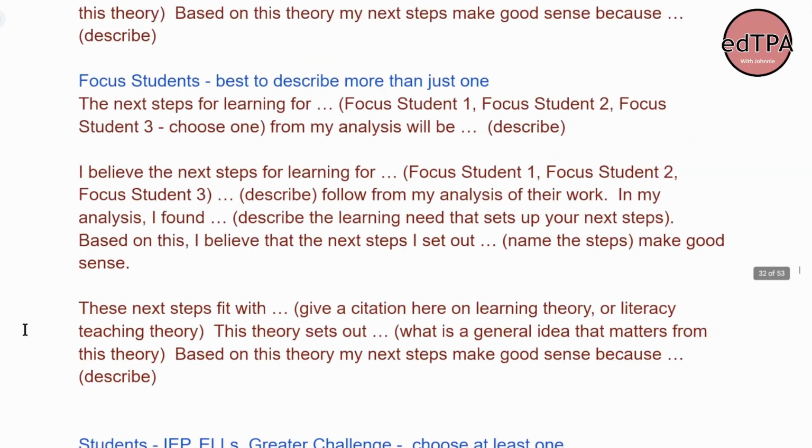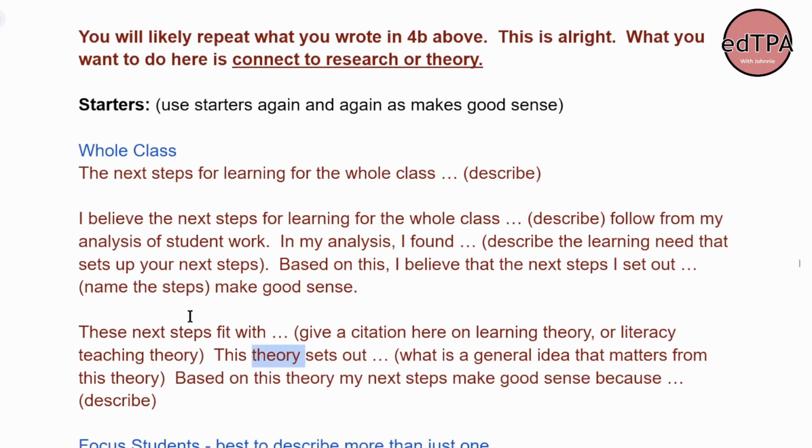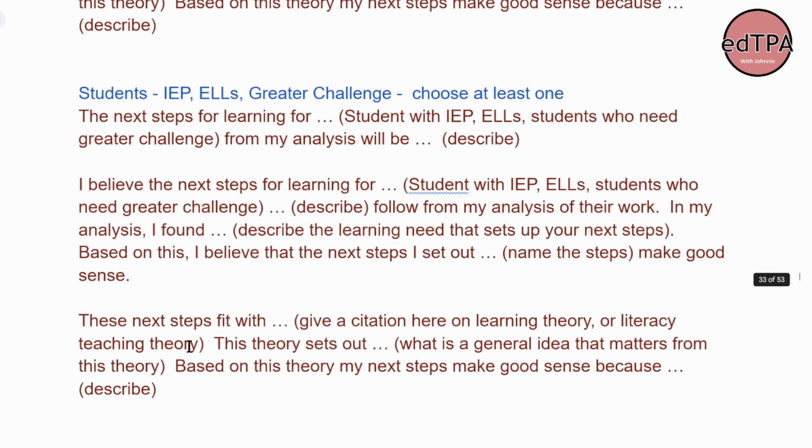Okay, so we made 3 blocks here. Whole class, we described what the next steps would be, we talked about the analysis, and then we talked about theory for whole class. Same for this one, next steps, the analysis, and then about theory, and then students with particular needs, next steps, your analysis, and then theory.